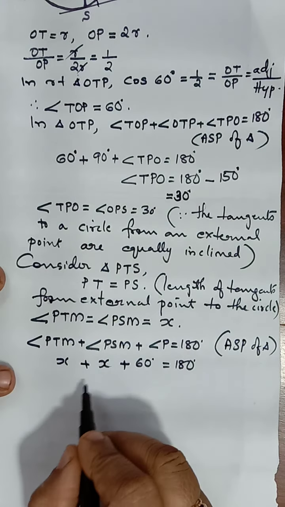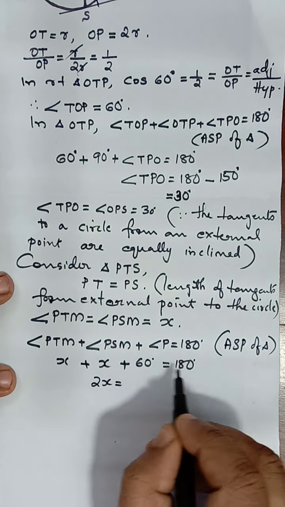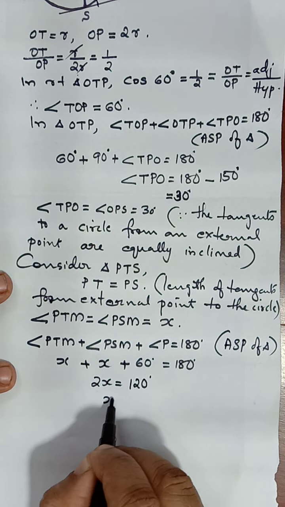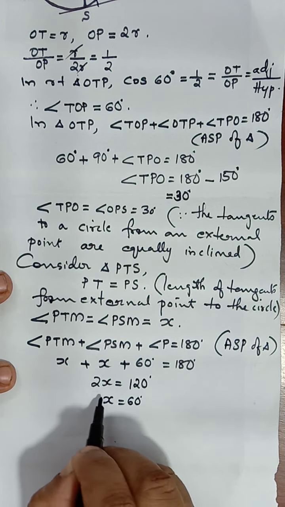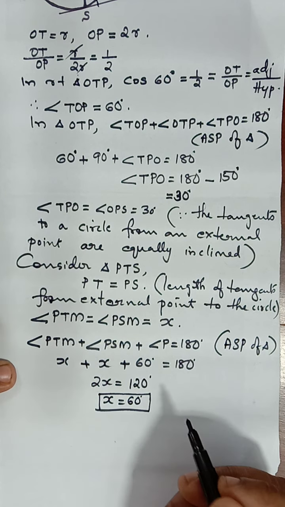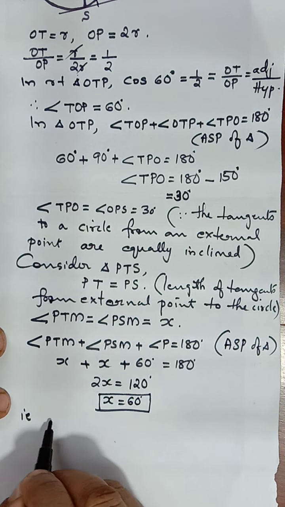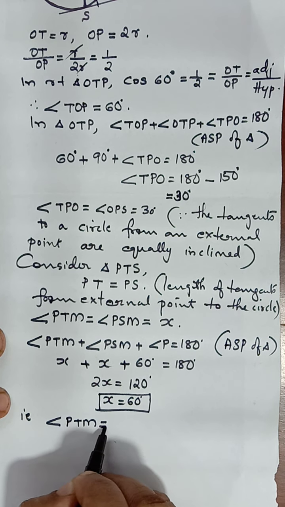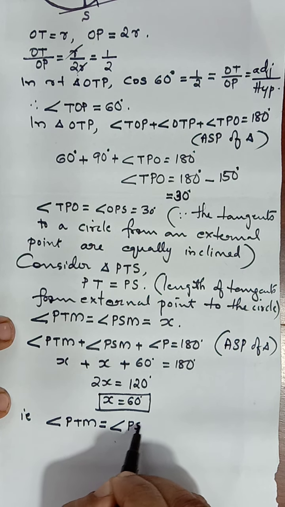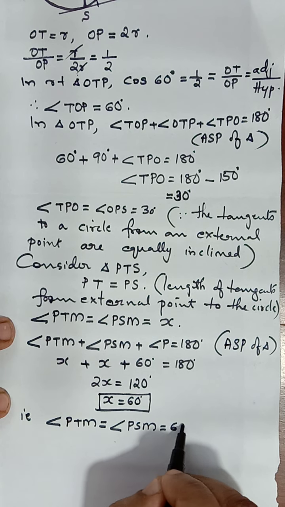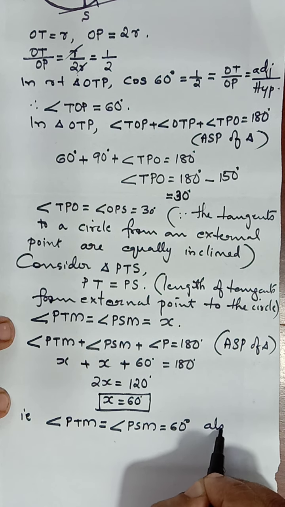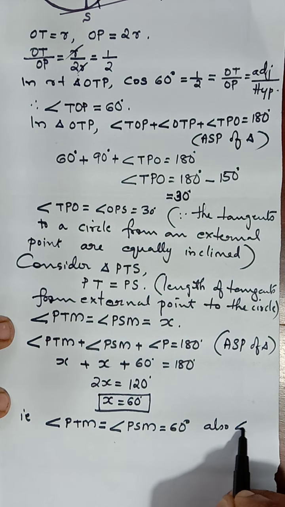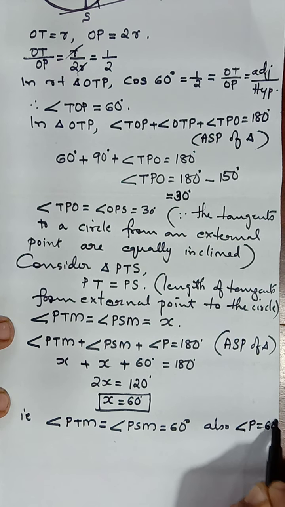If it is so, 2x is equal to 180 minus 60, which becomes 120. x is equal to 60. So here we can see that angle PTM is equal to angle PSM is equal to 60 degrees. Also these two are 60 and we also have angle P equal to 60 degrees.